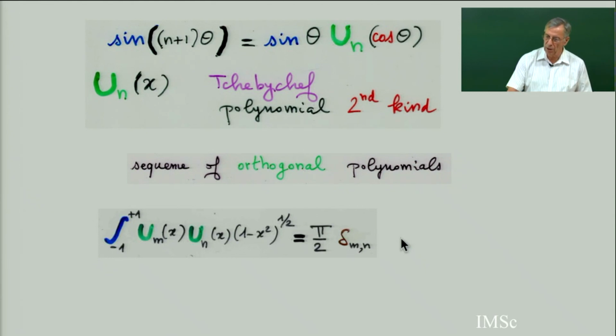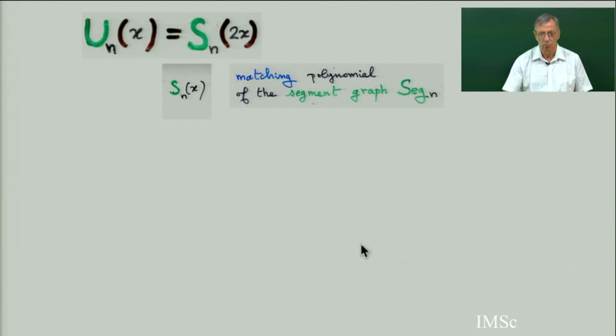So now we are going to give a combinatorial interpretation of this Chebyshev polynomial as a matching polynomial of a certain graph, the segment graph. I denote by S_n(x) the matching polynomial of the segment graph. What does it mean?